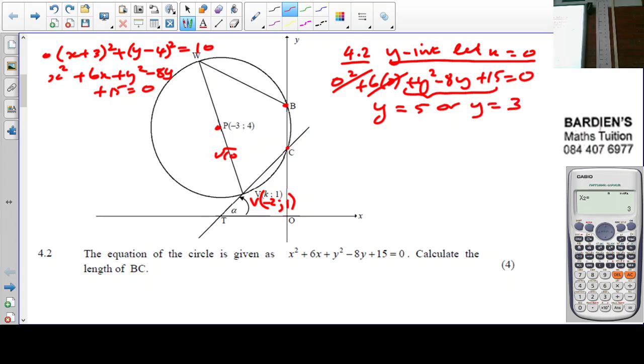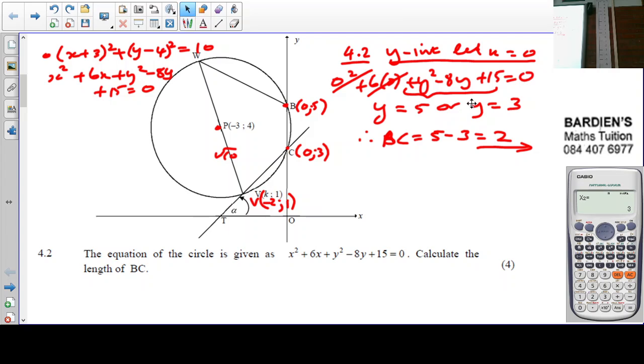So which point is which? B is (0, 5), and of course C is (0, 3). So therefore, what is the length of BC? BC has to be 5 minus 3, which is 2 units. Okay. Then, let's get the next question.